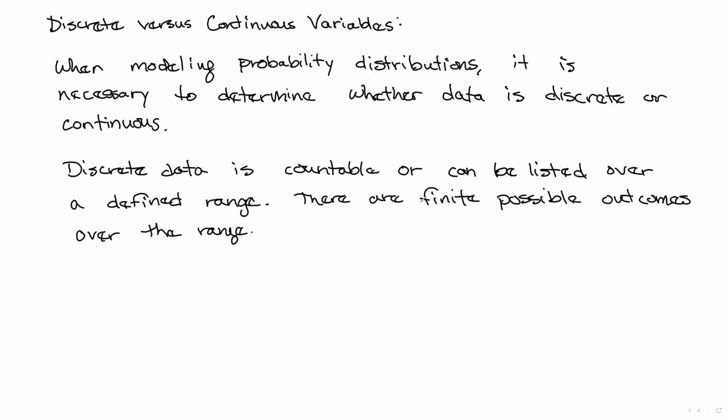The word finite effectively means the same thing as countable or listable. Now finite can be a lot of possibilities. From 0 to 5, you could have a lot of possibilities if you listed them by 0.1. So you'd have 0, 0.1, 0.2, 0.3, 0.4, 0.5, and you just kept going, adding 0.1 each time until you got to 5.